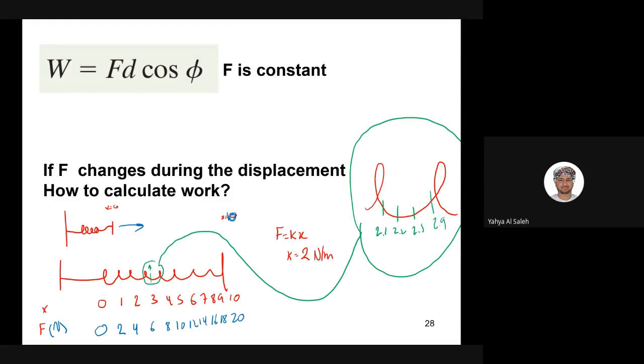Okay, so just 2 and 3. But then my force between 2 and 3 is still changing. So my force at 2.1 is not the same as 2.2. It's not the same as 2. It's not the same as 2.5 and 2.9. Yeah. So we are more accurate.